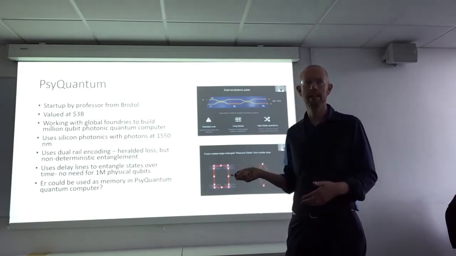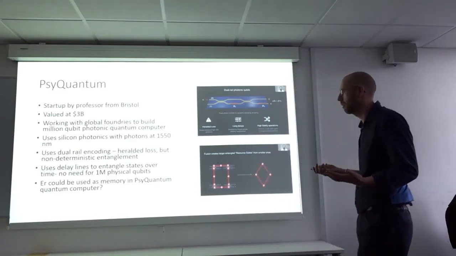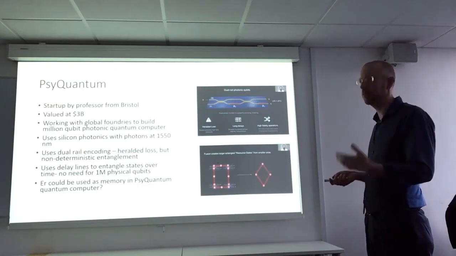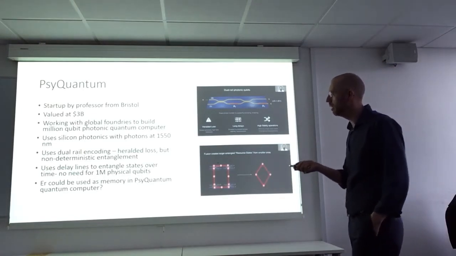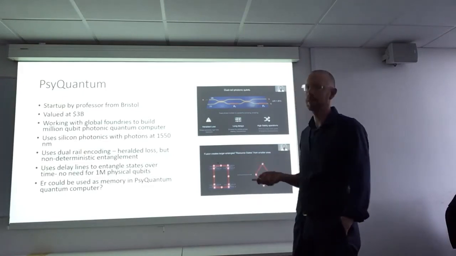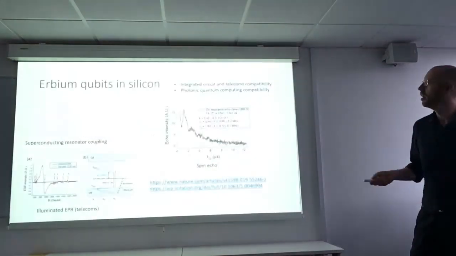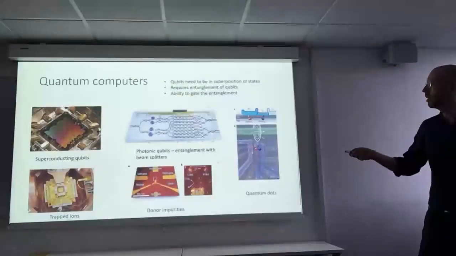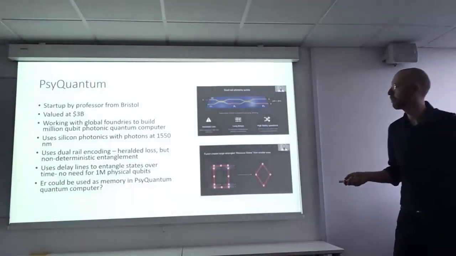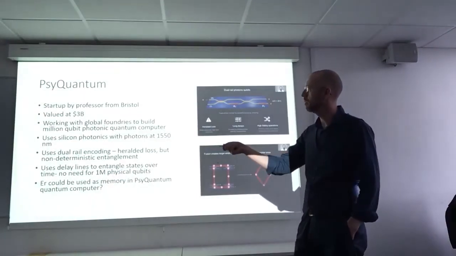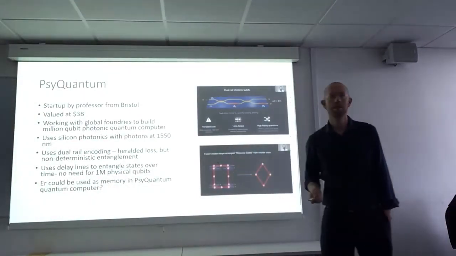And they haven't made anything, it's just a technology company that's got this idea of how to build a quantum computer, and they're looking at building a photonic quantum computer. So something a bit like this, right? But they think they can build a 1,000,000 qubit quantum computer.